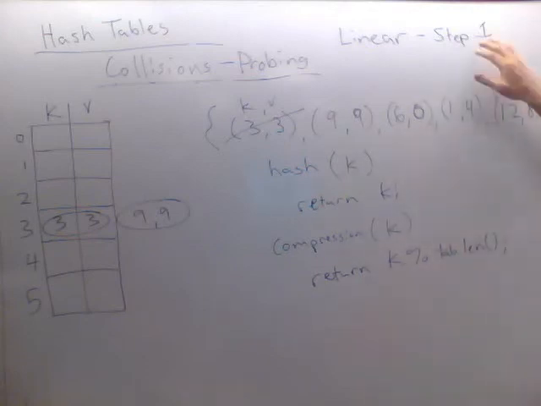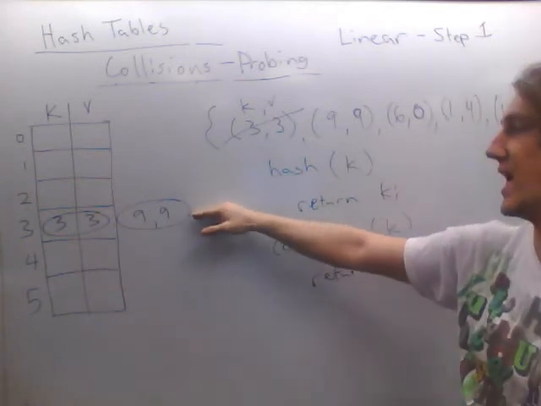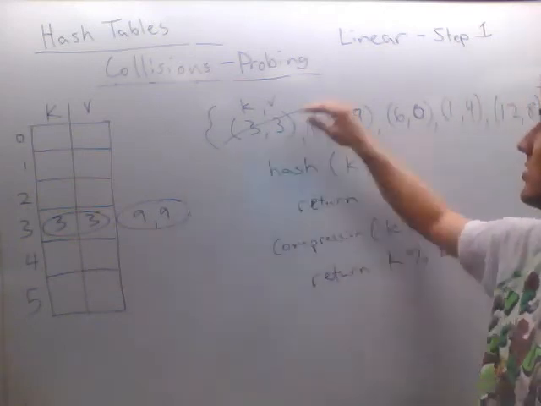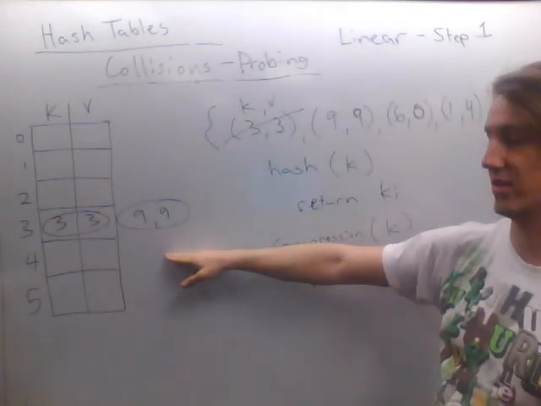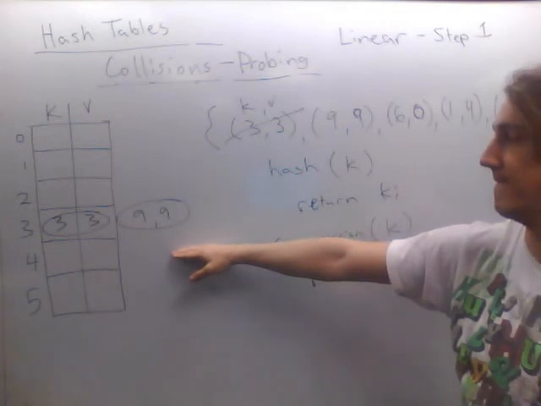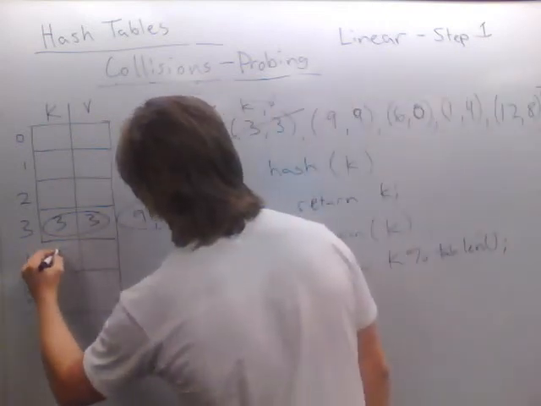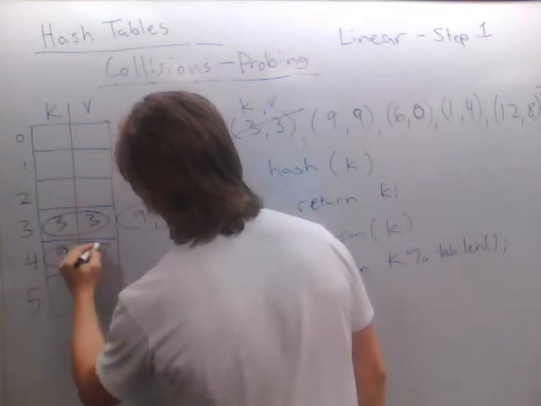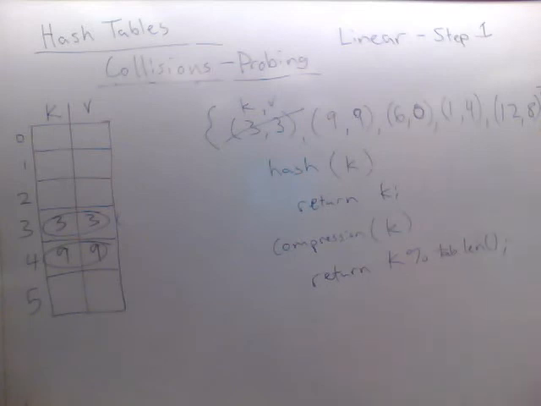I want to put it inside the third index, however that's already full. So linear probing says take one step down. Index 4 is open, so I insert the value into that index.